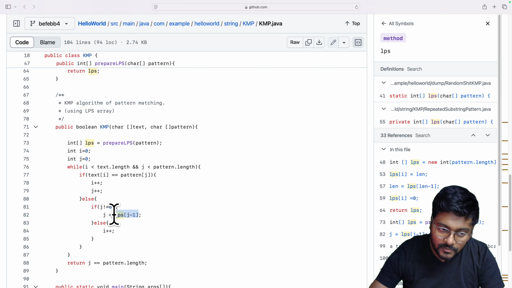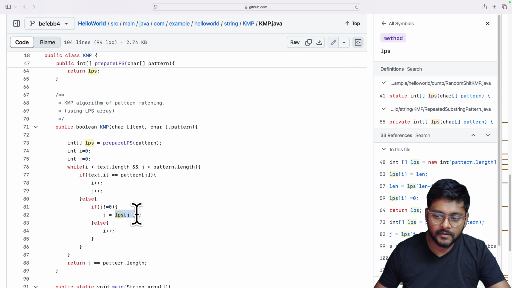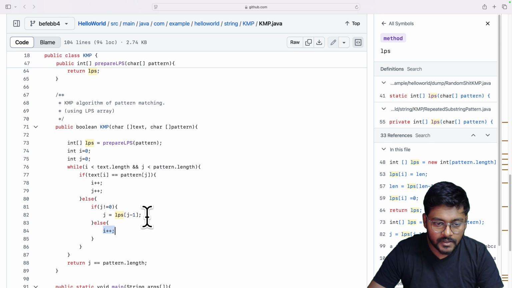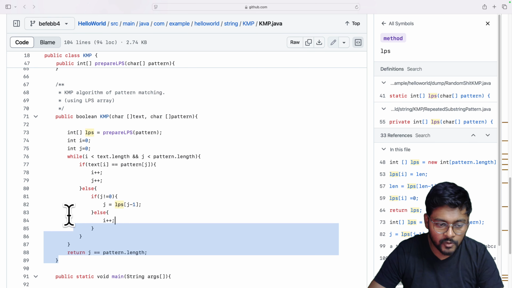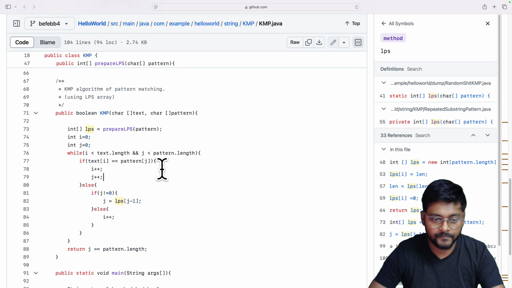In the naive algorithm, j is always coming to 0. In this case, j is coming to LPS[j-1]. Why? Because till this moment, we have already compared those characters. We are avoiding redundant comparisons. And yes, i should always be incremented. This is KMP using the prepared LPS array.